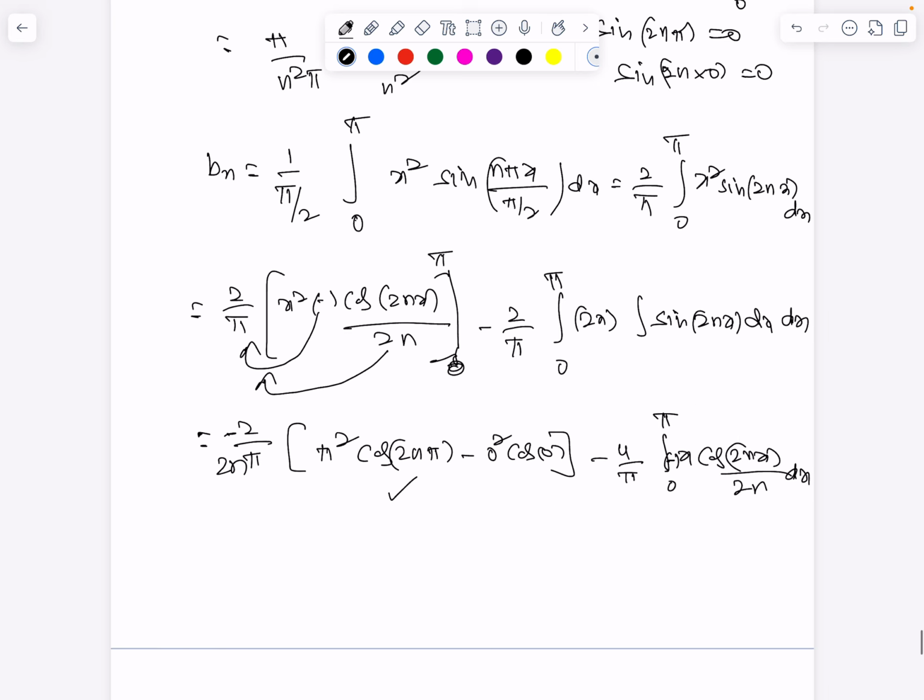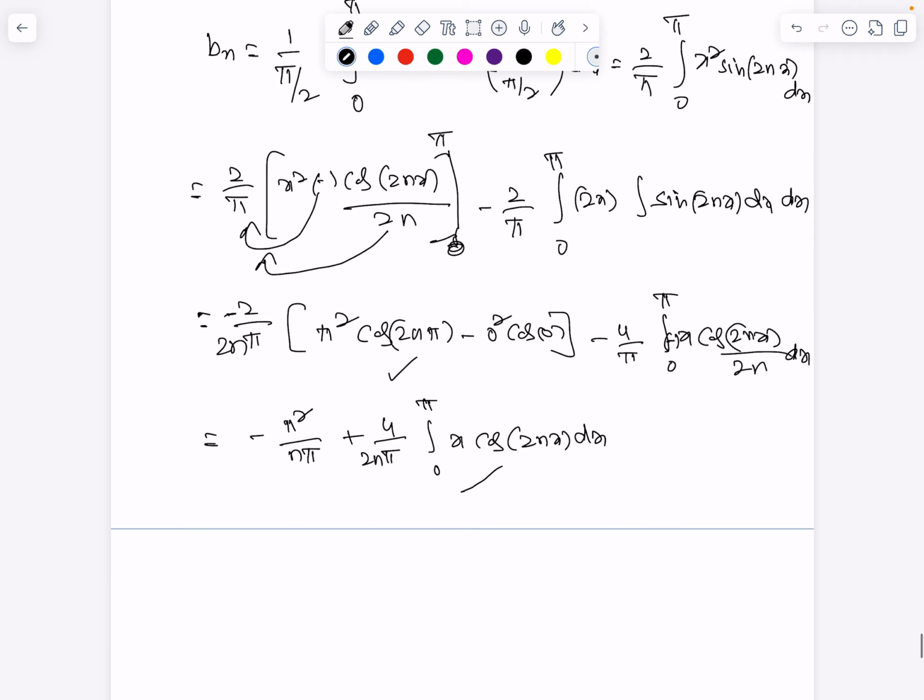This you can rewrite as minus pi square by n pi, minus into 4 by pi, the integral from 0 to pi, and this 2n also you can bring out, x cos 2nx dx. Now you have to further simplify.